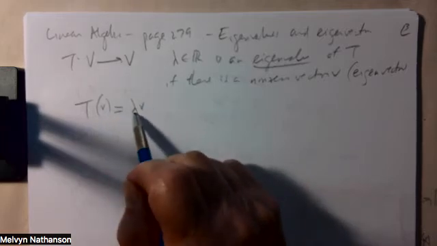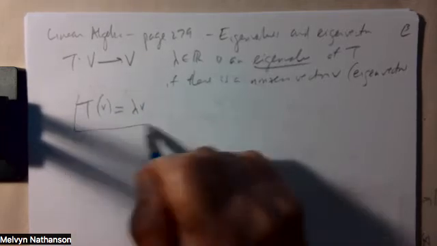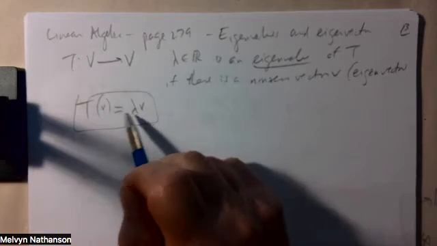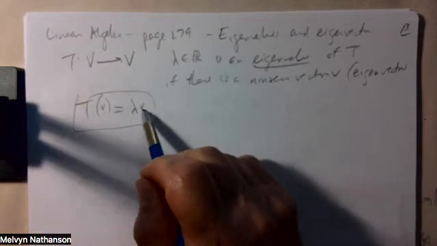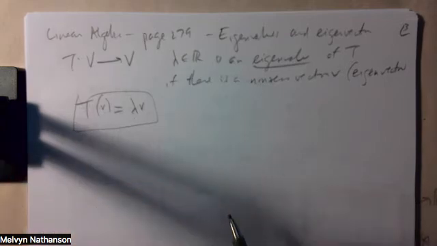So T of V is just some scalar times V. That's the definition of an eigenvalue and an eigenvector. Lambda is some real number, and V is a non-zero vector.